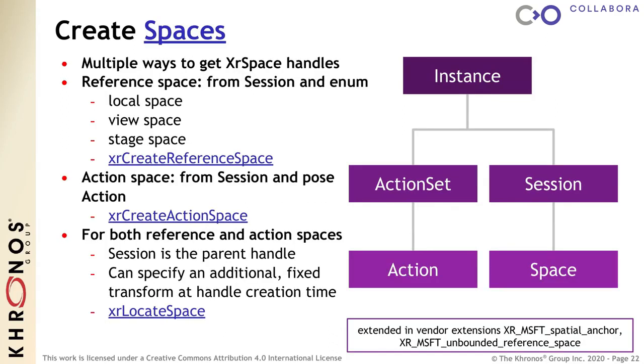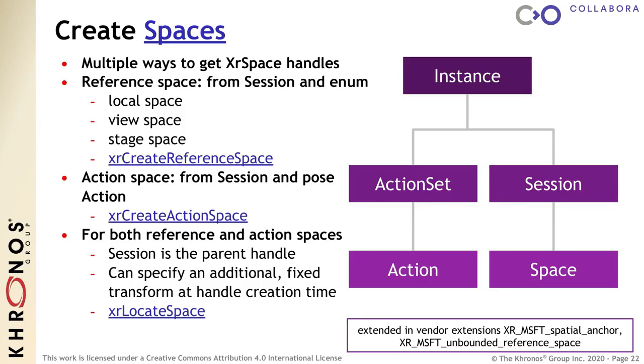To interact with tracked objects, you use XR space handles, and there are multiple ways to get these handles. Several spaces are known as reference spaces. You access these using your XR session and an enum. Three of these are local space, view space, and stage space. There are additional ones added in extensions.